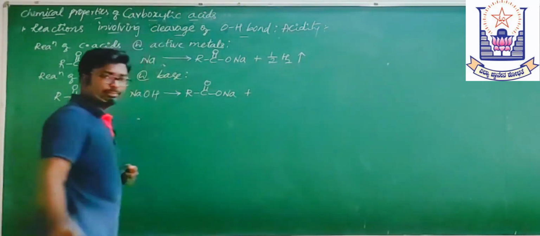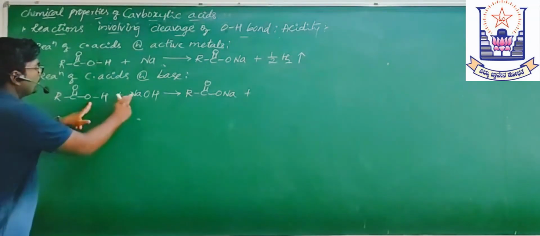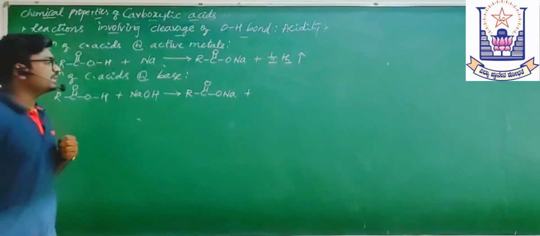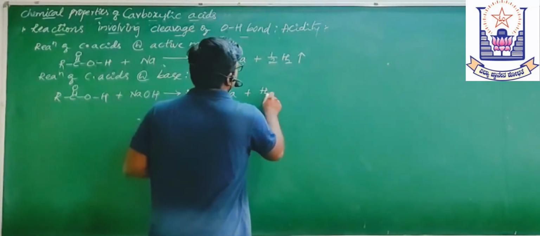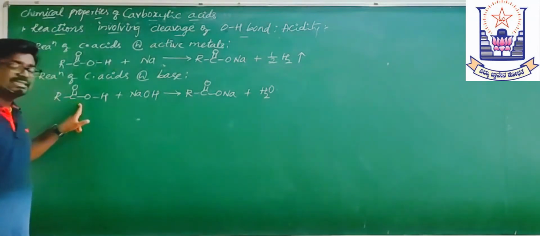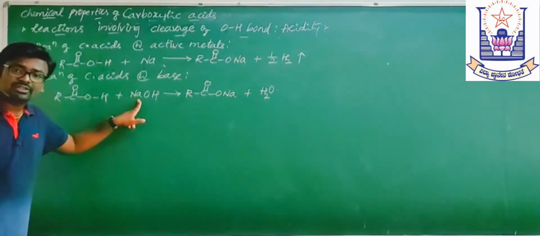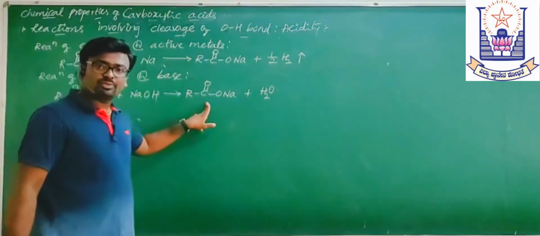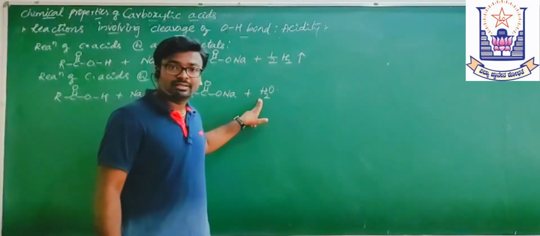Then what will be the byproduct here? From NaOH, the OH minus ion joins with the H plus ion and produces H2O. This is an acid, that is why it reacts with a base. When an acid combines with a base, the product will be salt and water.